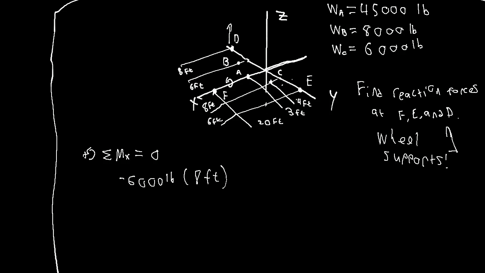And we have force at E. That's going to be acting up, so we get a positive moment, plus F_E, at 14 feet. What else do we have? We have the force at B right here. That's 8,000 pounds, going down, so that's a clockwise moment, plus 8,000 pounds, acting at 6 feet.